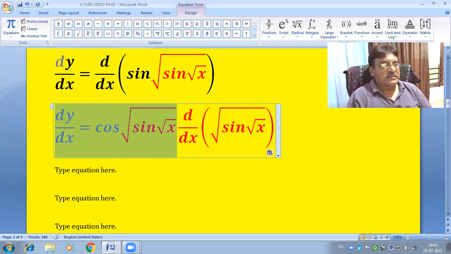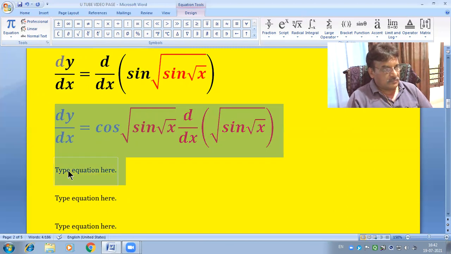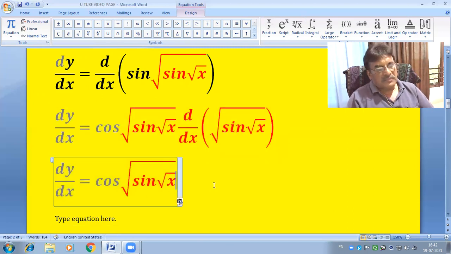Therefore, dy/dx is equal to cos √(sin √x) into d/dx of √(sin √x).